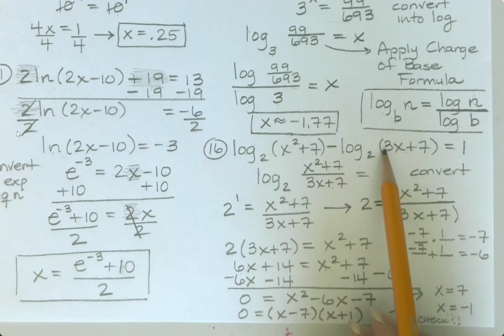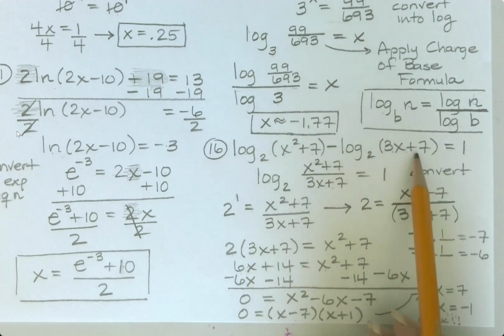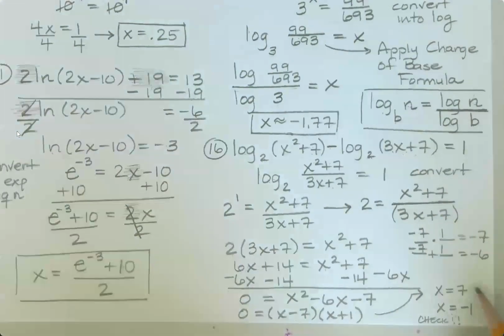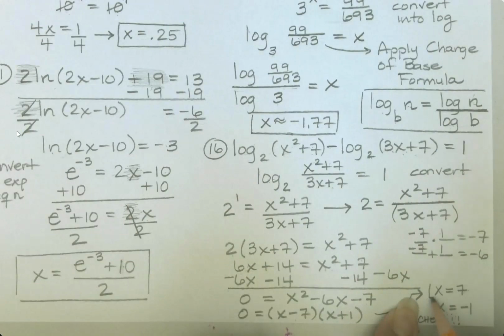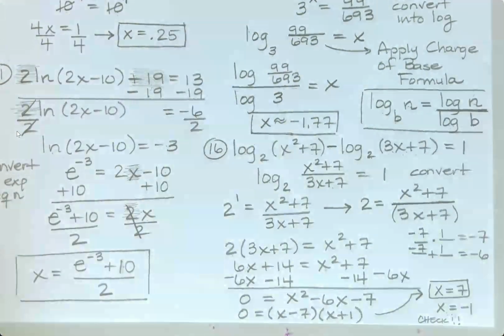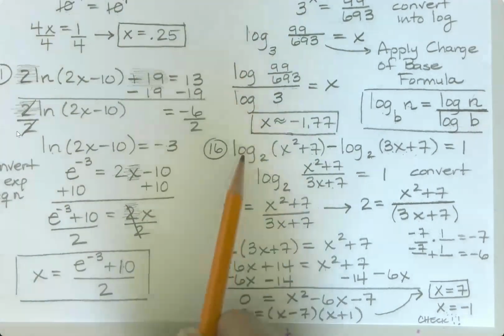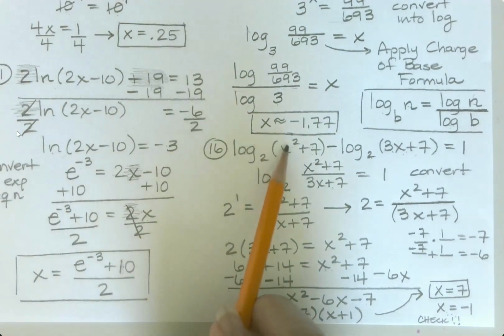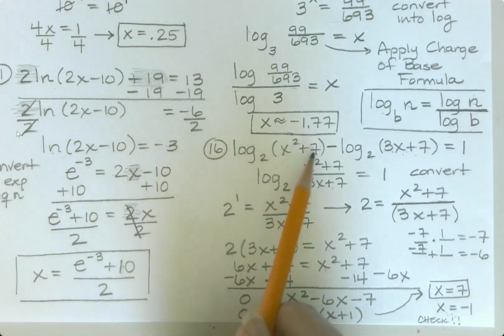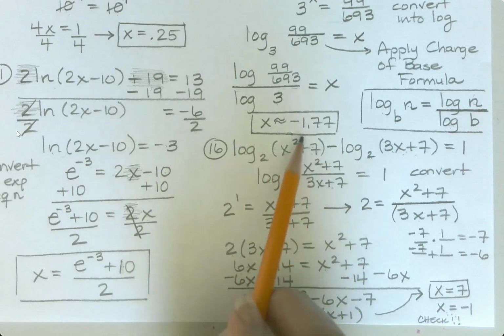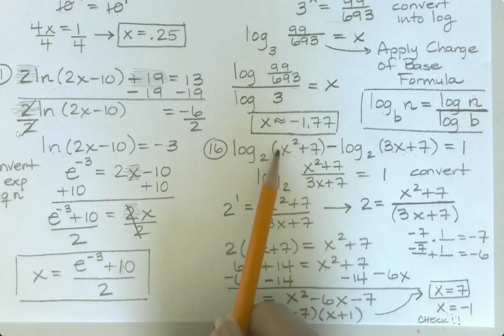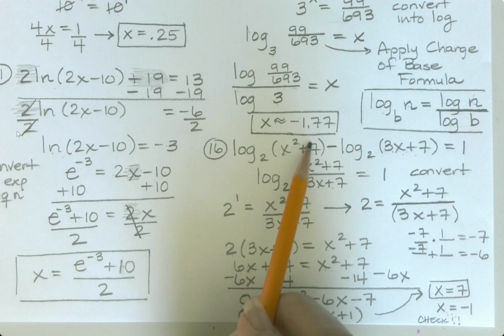Let's plug in 7 over here. 3 times 7 is 21. 21 plus 7 is 28. So that also works. So this one is an acceptable answer because the answer was always positive. The reason you want to check, by the way, is you can never take the log of a negative number, okay? This value here has to always be positive and not 0.